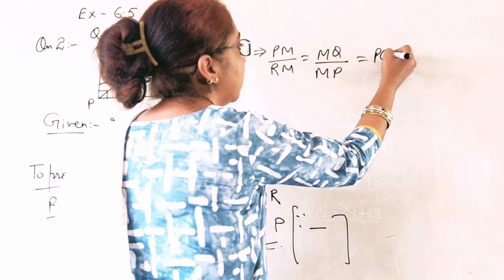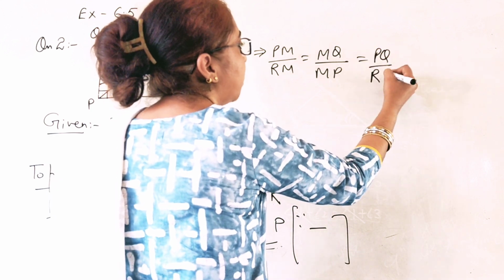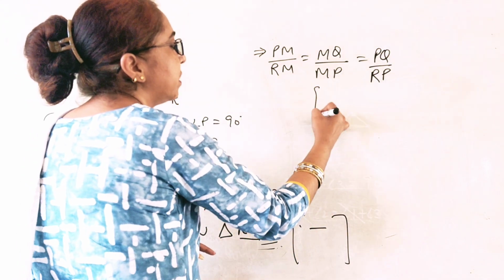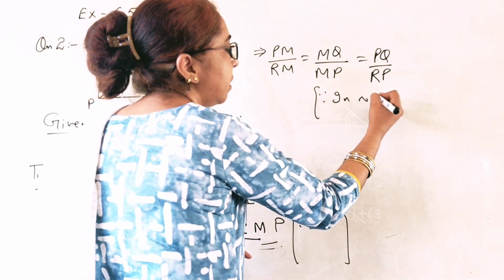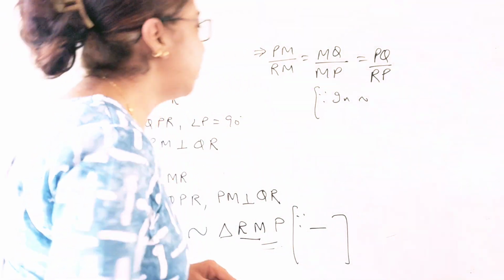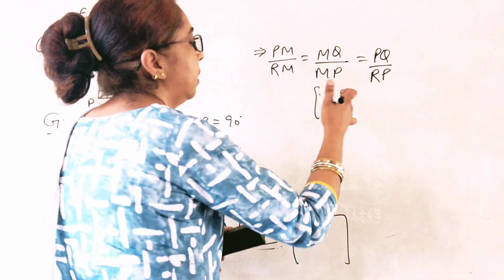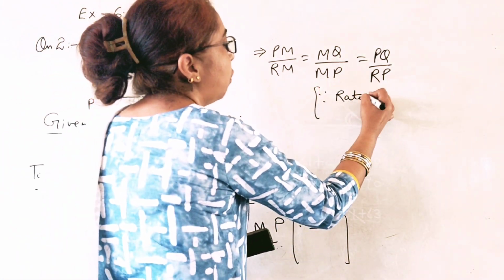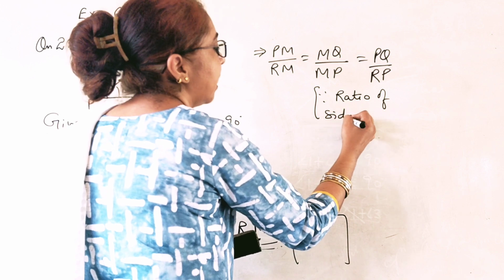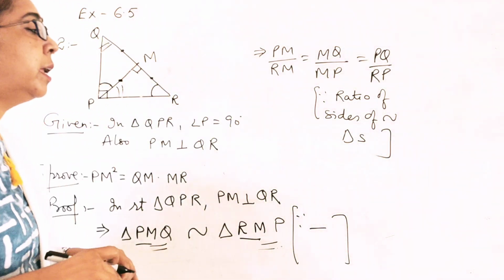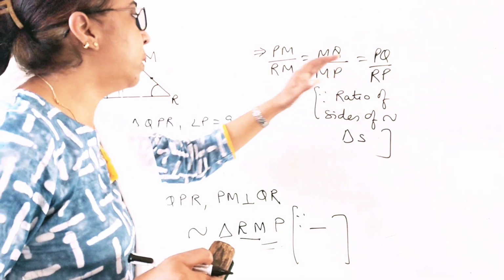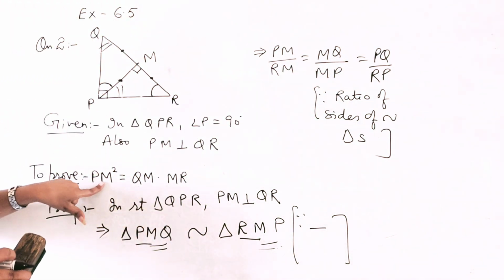So PQ upon RP, and this result I have because of the ratio of sides of similar triangles. Okay, so now these three ratios are equal, but I want to get the square of PM.